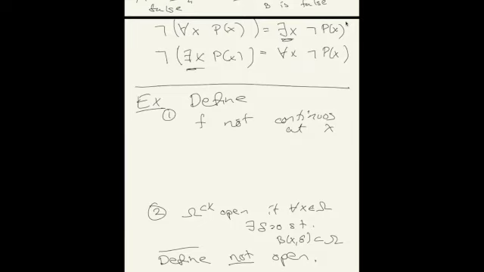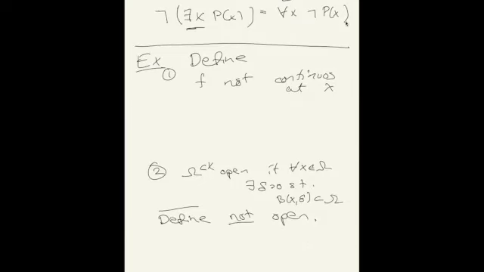These are often easier to prove than proving for all quantifiers. So what I will end with is giving quick examples of these. So continuity at x means that for every epsilon positive, there exists a delta positive such that |x - y| less than delta implies that |f(x) - f(y)| is less than epsilon.